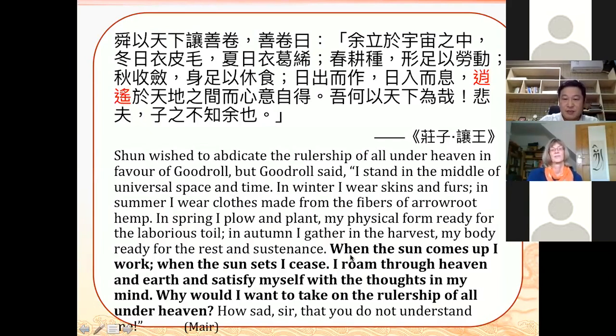When the sun comes up, I work. When the sun sets, I cease. I roam through heaven and earth and satisfy myself with the source in my mind. Why would I want to take on the rulership of all under heaven? So basically, Xiaoyao here means to roam through heaven and earth and satisfy myself.